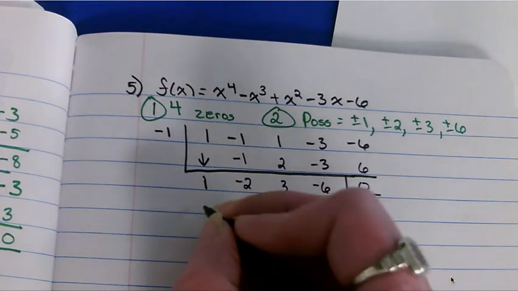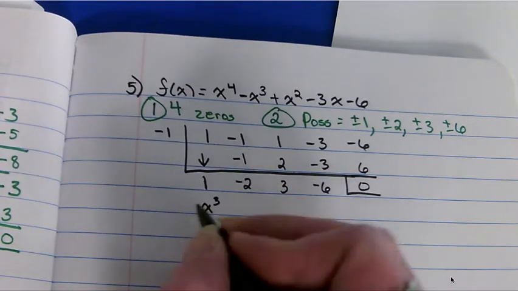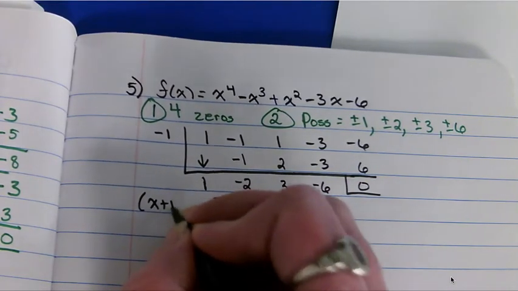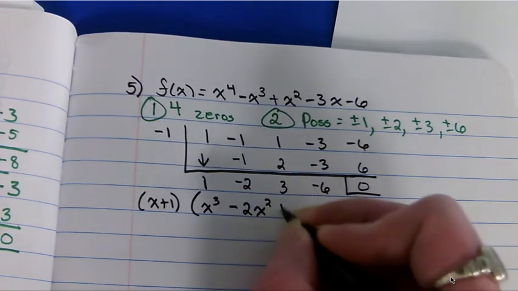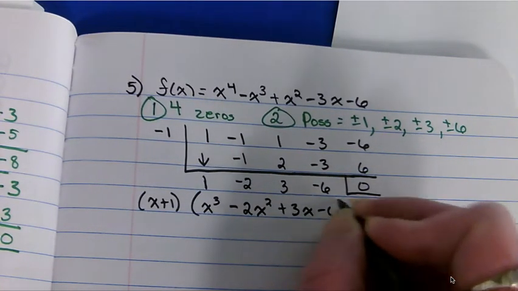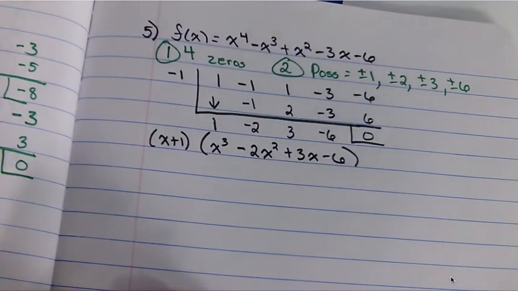Now what I'm left with is x cubed, so this is x plus 1 times x cubed minus 2x squared plus 3x minus 6. That doesn't factor easily.